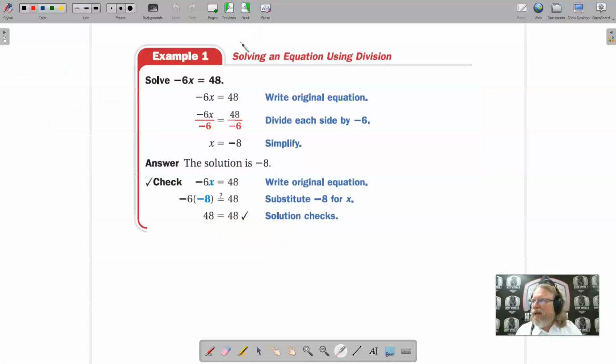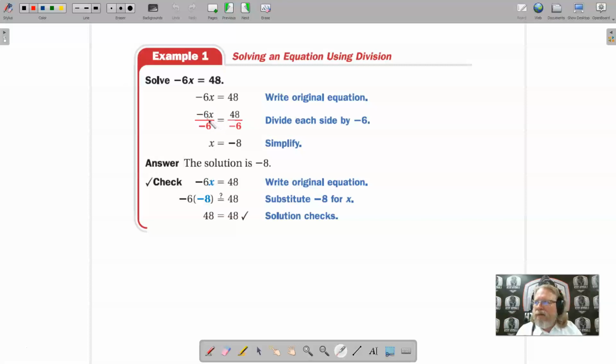So let's look at our next example that they gave us. It says to solve negative 6x equals 48. So I rewrite the original problem, negative 6x equals 48. The negative 6 is tied to the x through multiplication. The opposite operation is division, so I put my fraction bar.